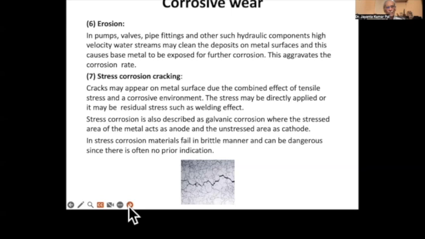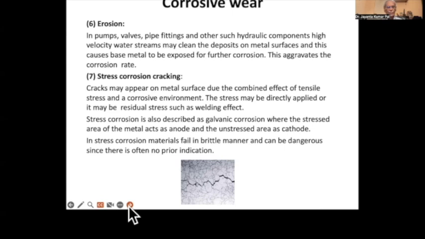Stress corrosion can also be defined as galvanic corrosion, because here the stressed area of the metal acts as an anode and the unstressed area as cathode.